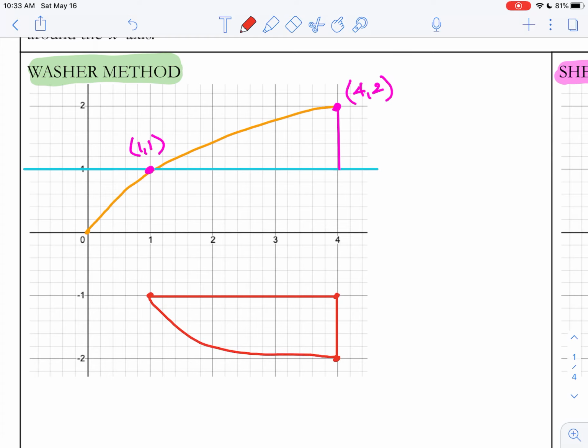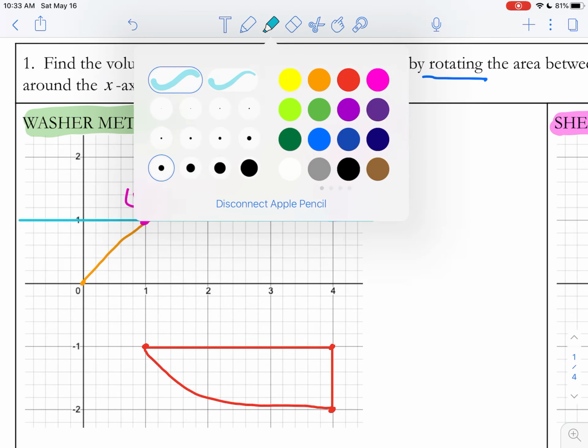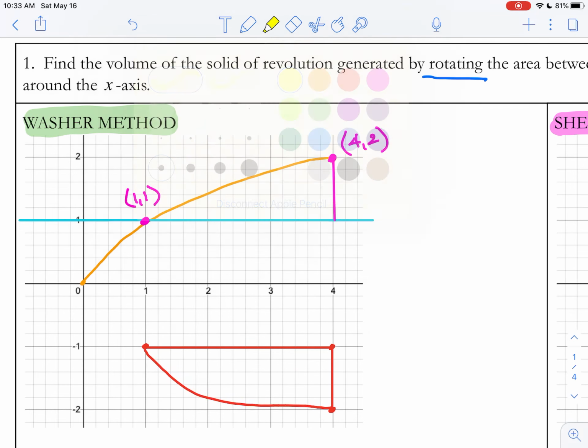Now, if I'm doing washer method, we've been practicing drawing some lines, and I think what's important is that we think about how those lines compare to our axis of revolution. So my axis of revolution here is the x-axis, which is right here. Okay, so there's my axis of revolution.